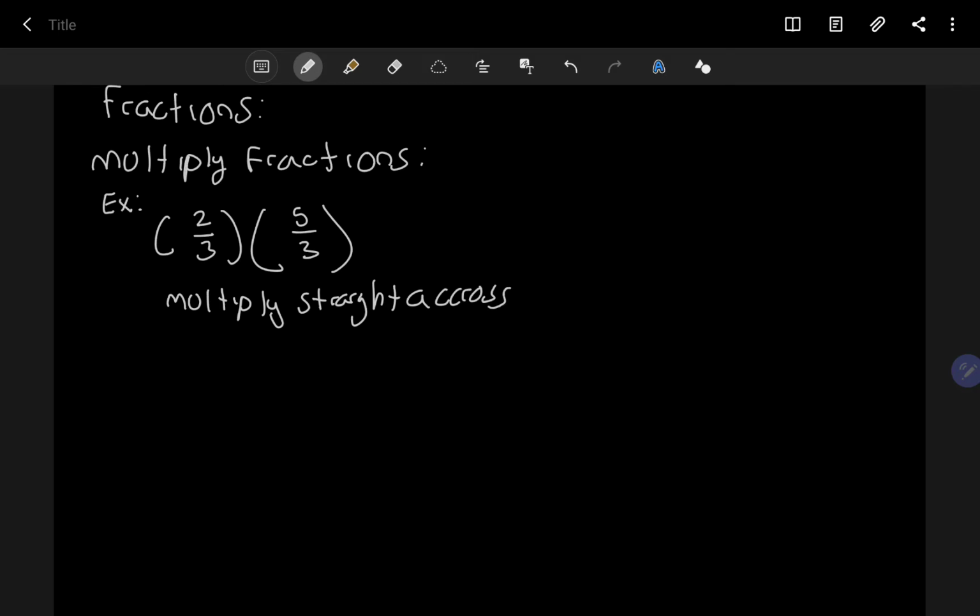And as we multiply straight across, we just go 2 multiplied by 5, which is 10, and 3 multiplied by 3, it's just 9. And that is my answer.